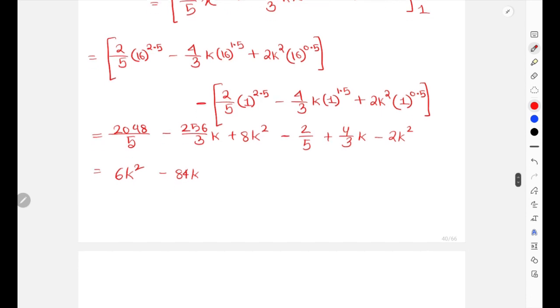And lastly, this 2048 by 5 minus 2 is just going to be what? 2046 over 5, right? That is your final expression.